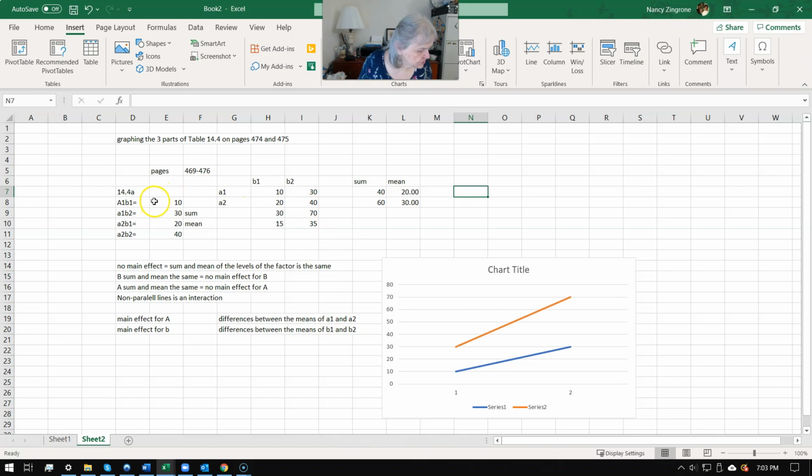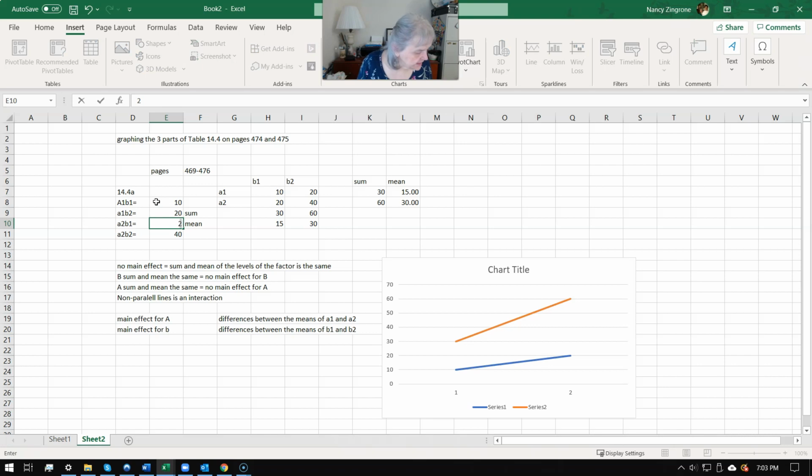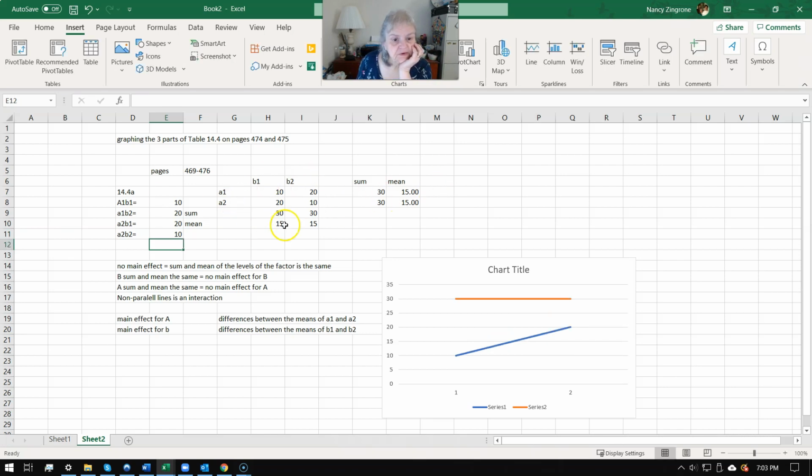So now I'm going to show you C, and this A1, B1 is the same. A1, B2 is 20, and A2B1 is 20, and A2B2 is 10. Now, right away you see you've got an opposite kind of a pattern in here.